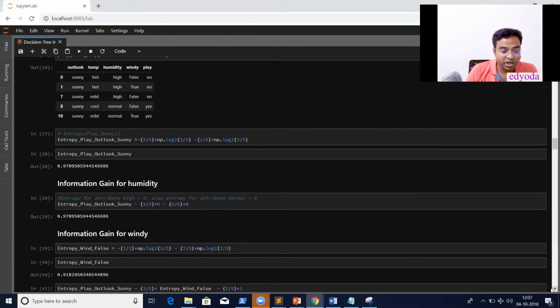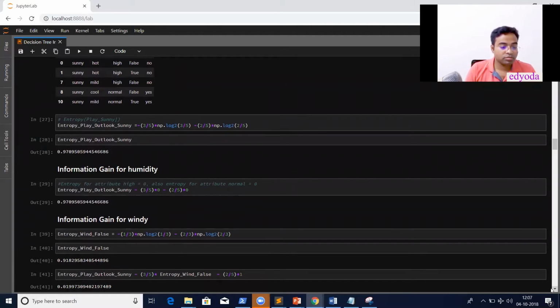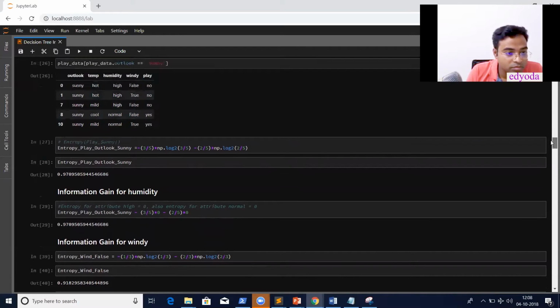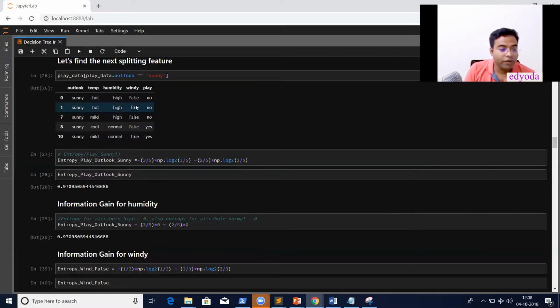Let's see information gain for windy. Let's calculate for wind equal to false. We have these three values, right?